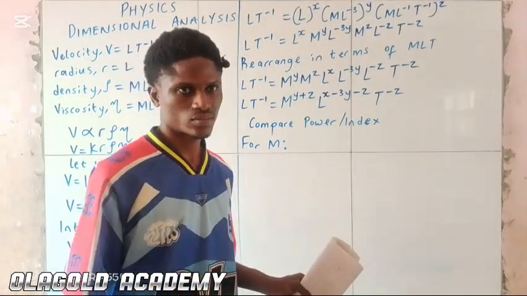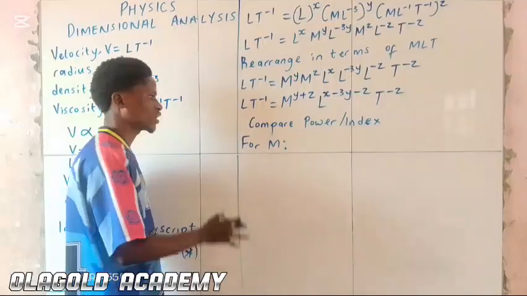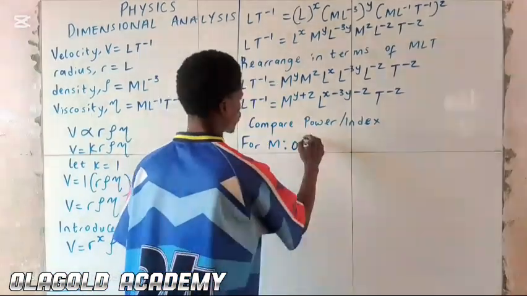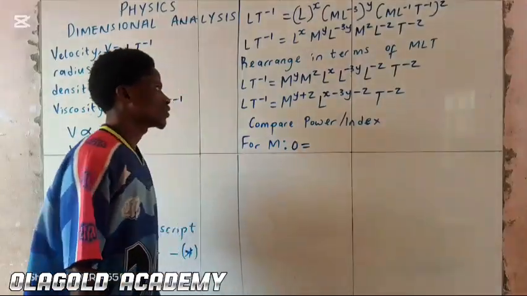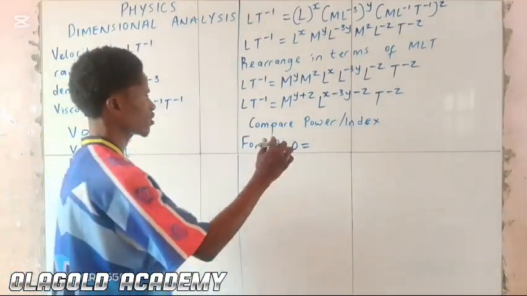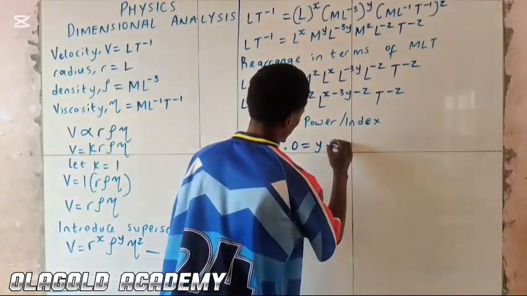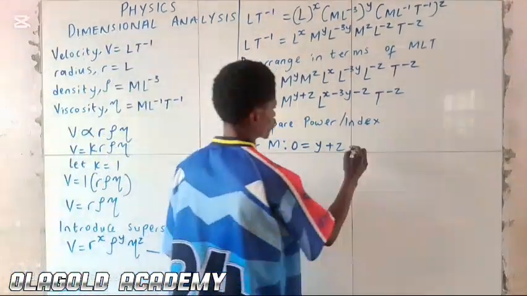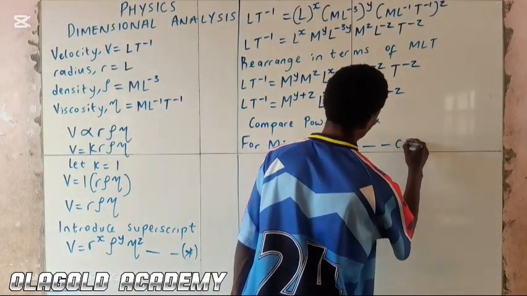It is nothing. So write 0. So we have 0 equal to the power of M at this side, which is y plus z here. This becomes our equation 1.